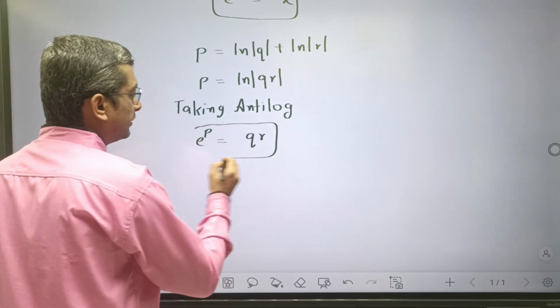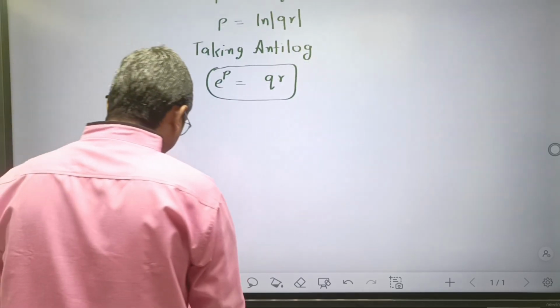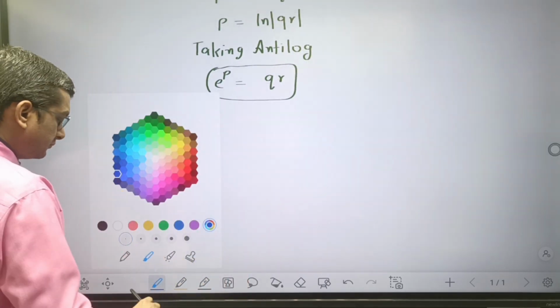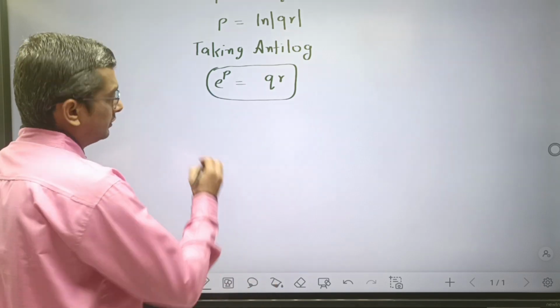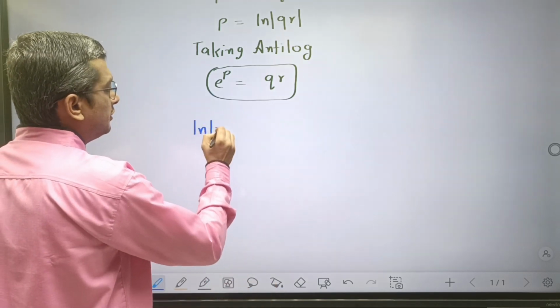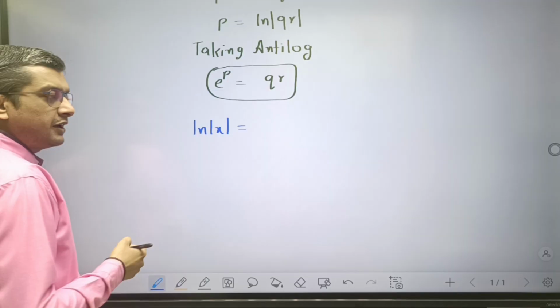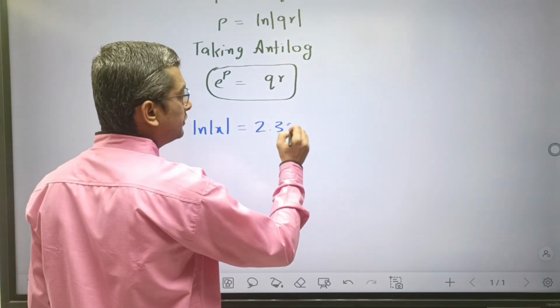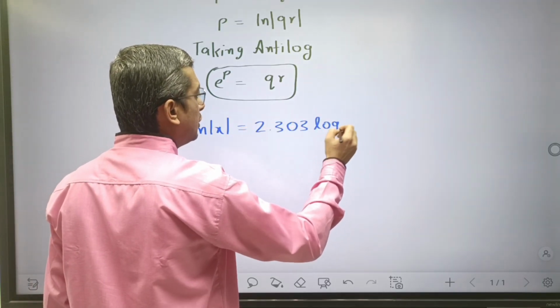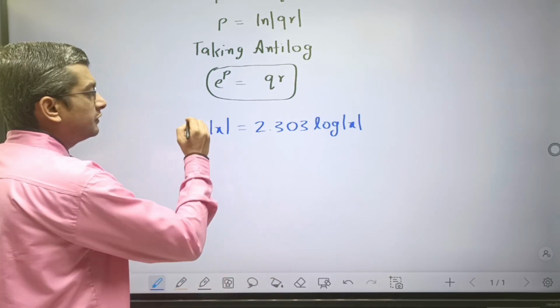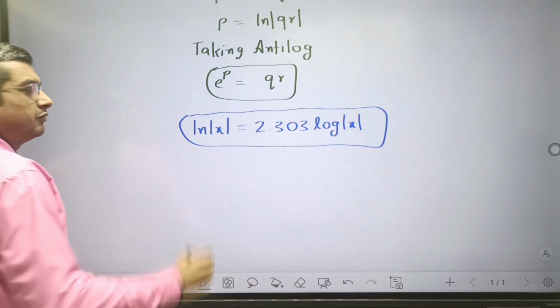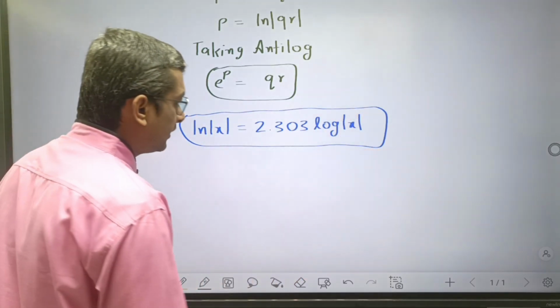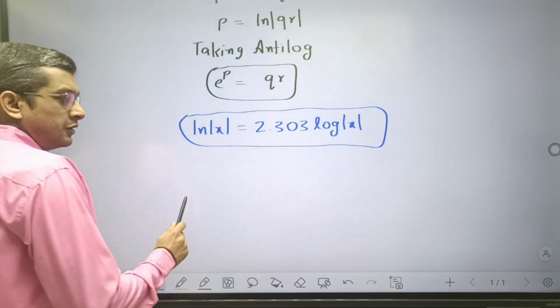Now, dear students, there is one relation as well between log base 10 and log to the base e. Suppose log base e x is given by 2.303 log x. So this is the relation between the two, or you can say the conversion factor is 2.303.